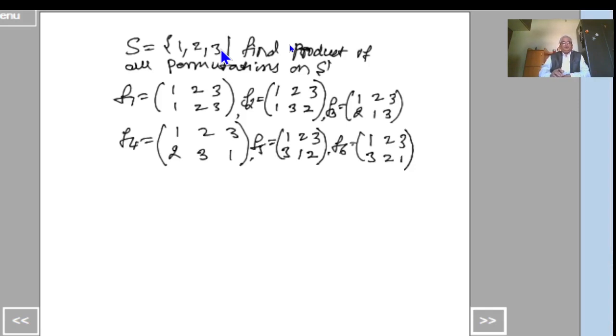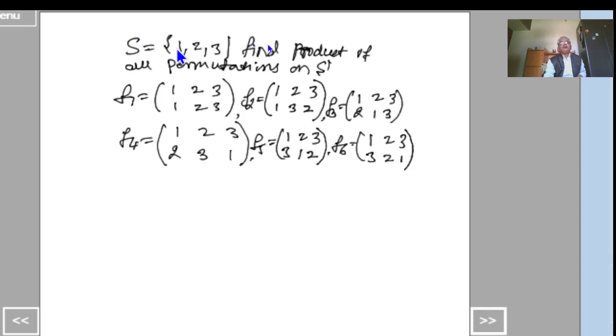We keep the first row as it is, and in the second row we take the permutation of three objects taken three at a time, which is 3 factorial, that means 6 permutations.